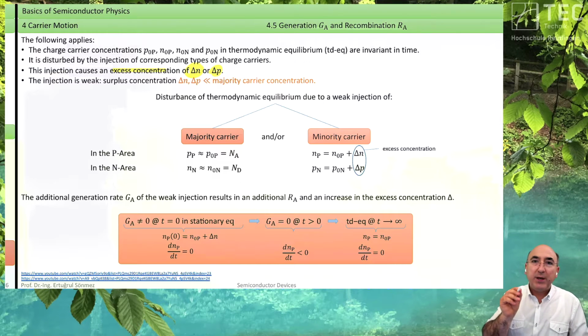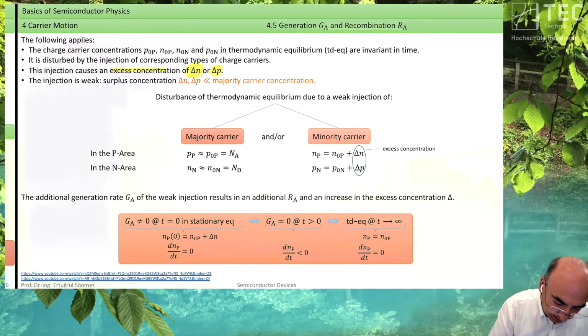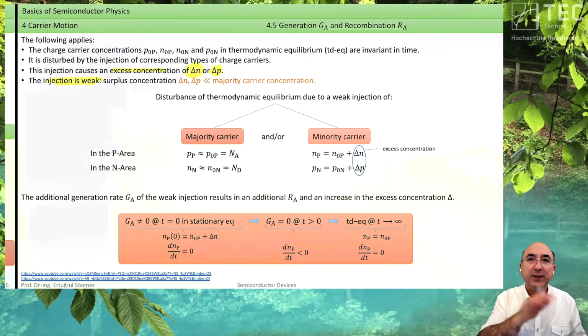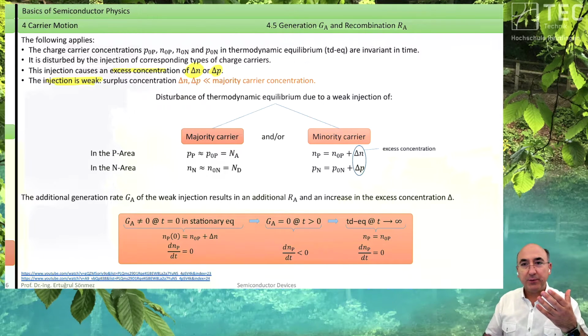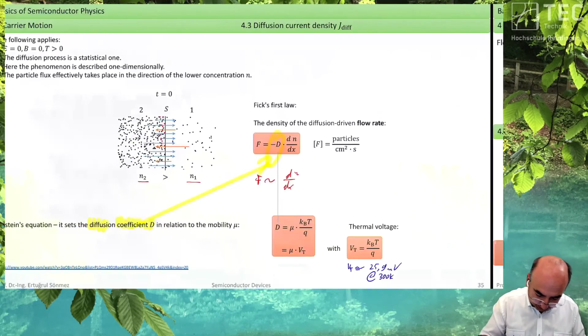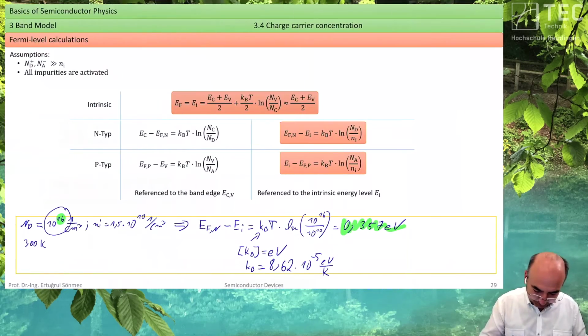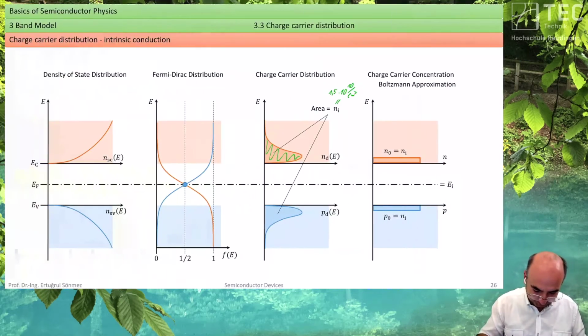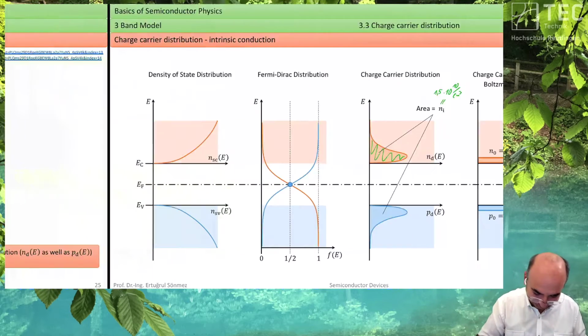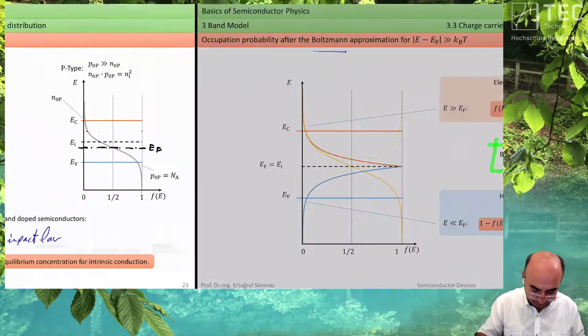Okay, and now it is very important to take this last condition into account. The injection is weak. What does it mean? We have majority carriers, we have minority carriers. We know the mass action law, how is the English word for the Massenwirkungsgesetz? Mr. Botta, you have helped me, please help me again.